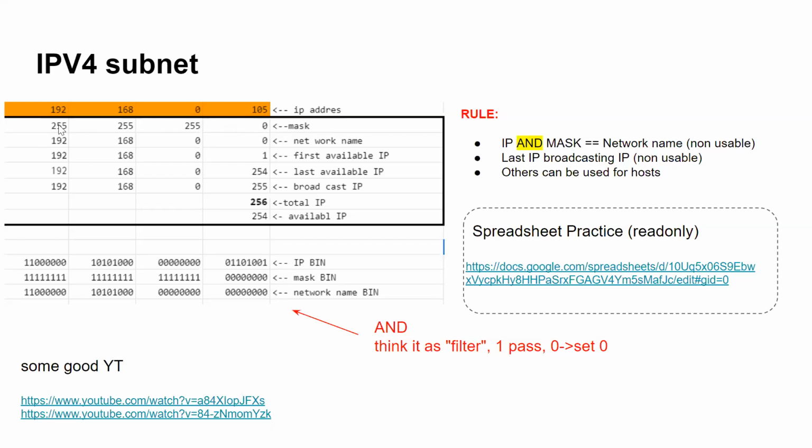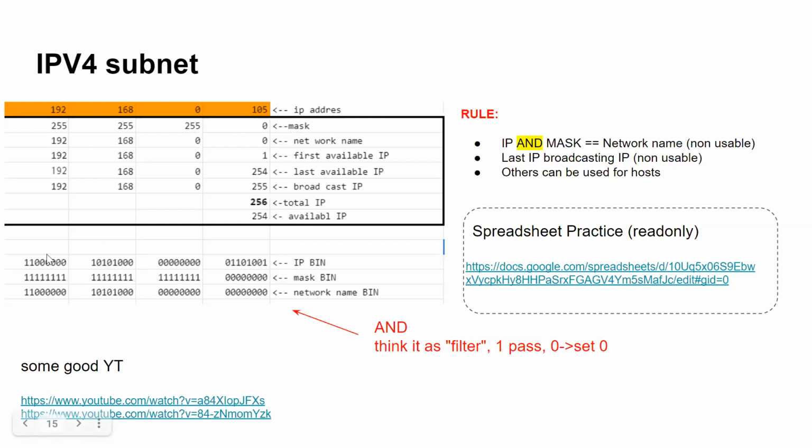In this example, our mask is 255.255.255.0. At the bottom of this screenshot, there are binary numbers. The top row is your IP address converted into binary, and the second row is your mask converted into binary.